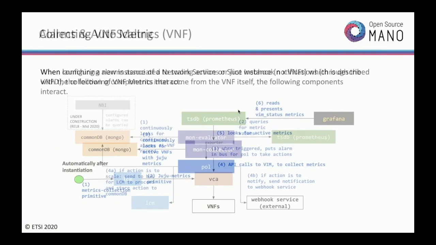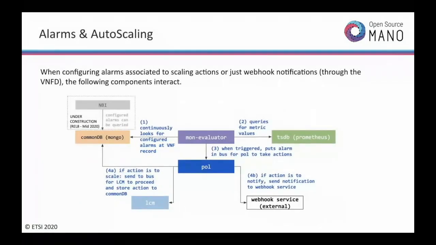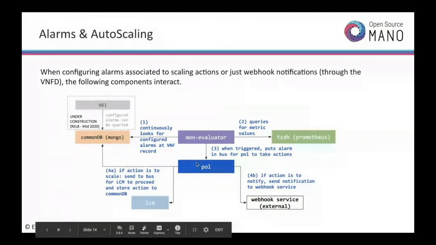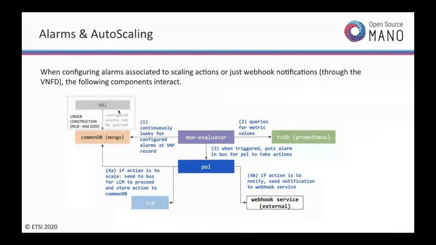Alarms and autoscaling. So I mentioned before that there is a policy manager. This policy manager component has two implementations today. So let's see. If you have alarms configured in your descriptor, what MON does through its MON evaluator component is look for these alarms that are stored in CommonDB, because when you model a descriptor with anything, that information goes to the CommonDB.